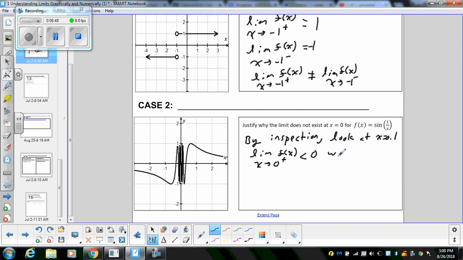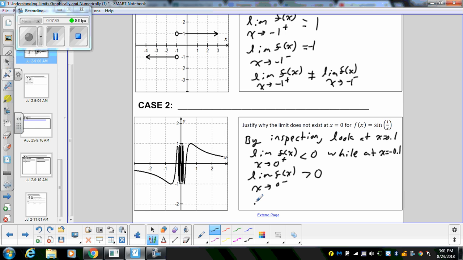While at x equals negative 0.1, we see that the limit of f of x as x approaches 0 from the left is greater than 0.